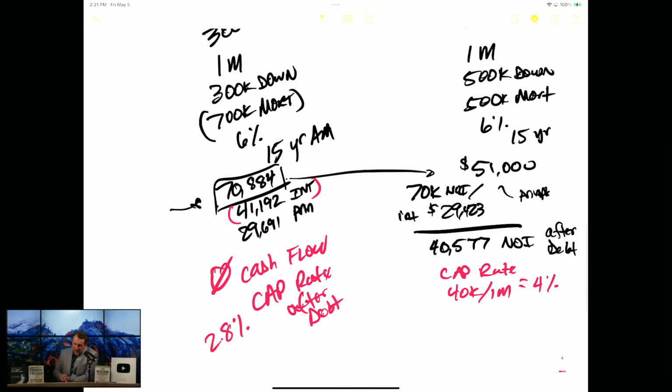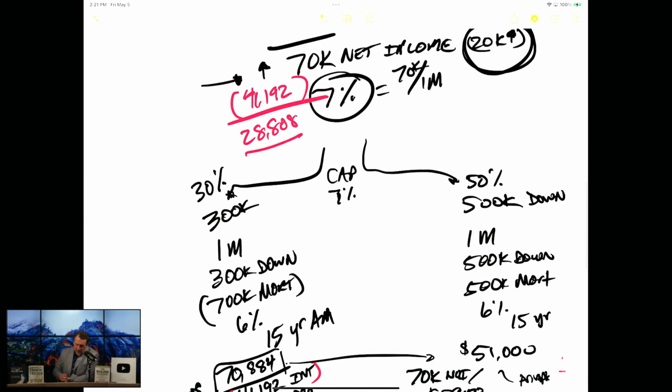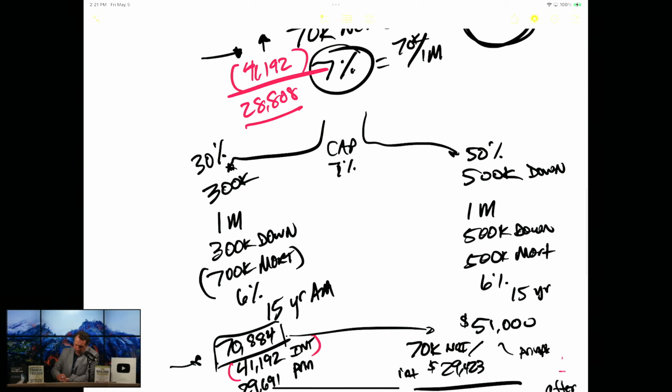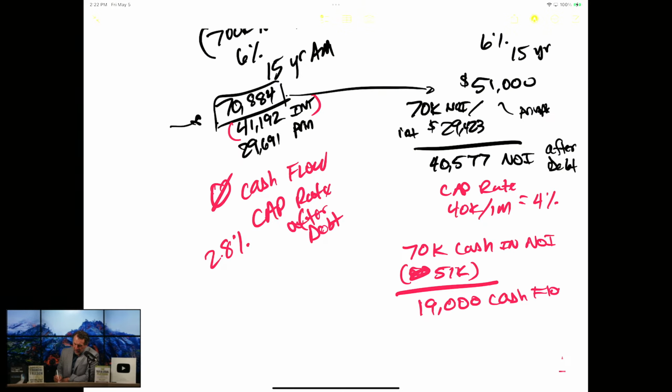So I'm at a 4% cap rate. But the beauty of this is the cash flow. Because now if I take my net operating income, 70 grand, which is cash in after all the direct expenses, and I subtract out the mortgage payment of $51,000, that means I have $19,000 of cash flow. Okay, now I'm not negative cash flow.